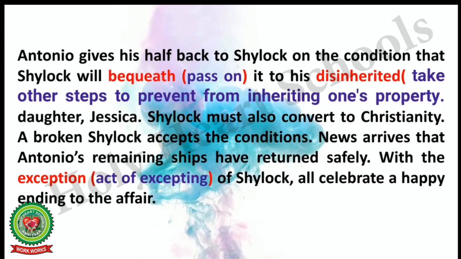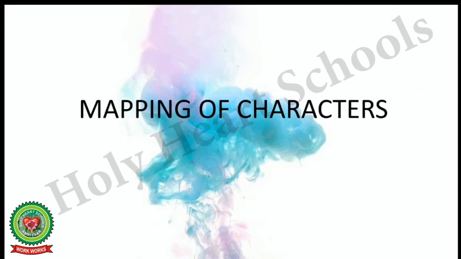Later on, good news arrives that Antonio's ships are safe and they have arrived back. Everyone except Shylock celebrates at the end. I hope, students, the summary of the story is clear to all of you. Now we will proceed towards the characters of our story.